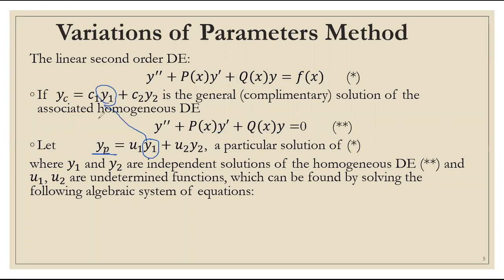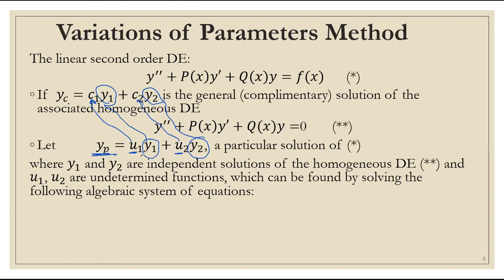This y1 in my yp is the y1 in my yc. So you found y1 when solving for yc. And also, y2 here is a given function. What about u1 and u2? Those are unknown functions, not constants like in yc.